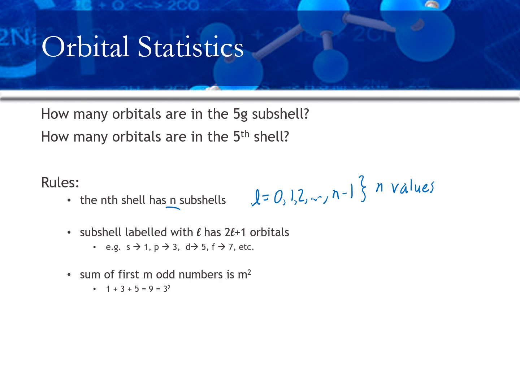A subshell labeled with L has 2L plus 1 orbitals. I wrote this down a minute ago, but let me just write it out again.